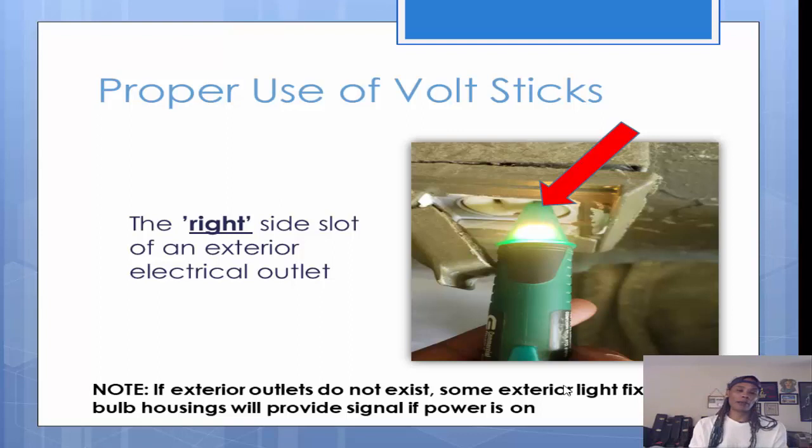As far as testing the outlet, you want to make sure that there's power actually going to the outlet. Some properties don't have exterior outlets, and sometimes you can put your volt stick on the exterior of the light fixture housing, and sometimes you'll get a signal there that the power is on as well.